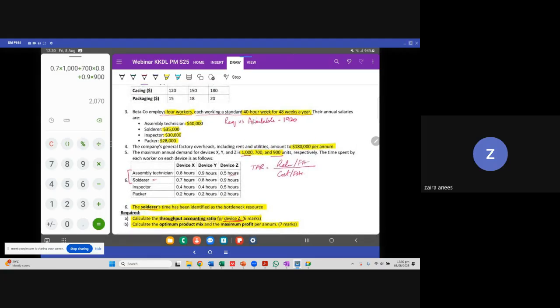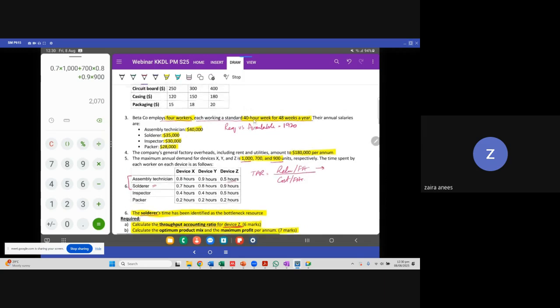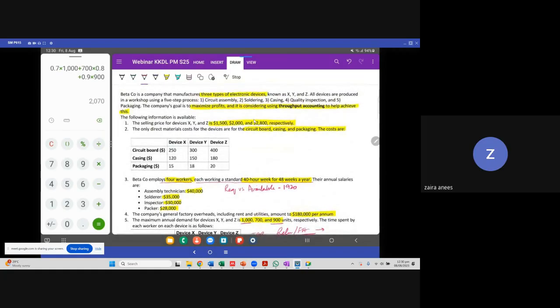Now we need to get the return per factory hour for product Z only. How can we get it? Return per factory hour is throughput per unit divided by bottleneck hour.